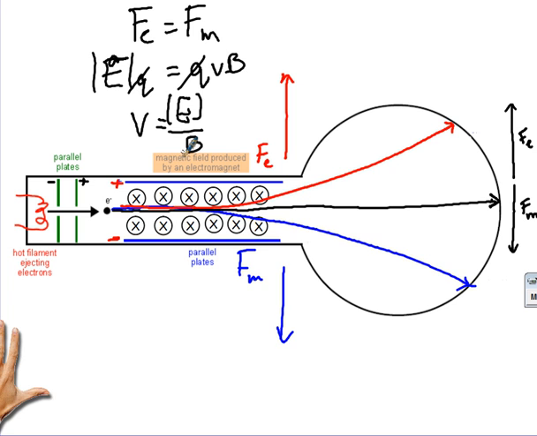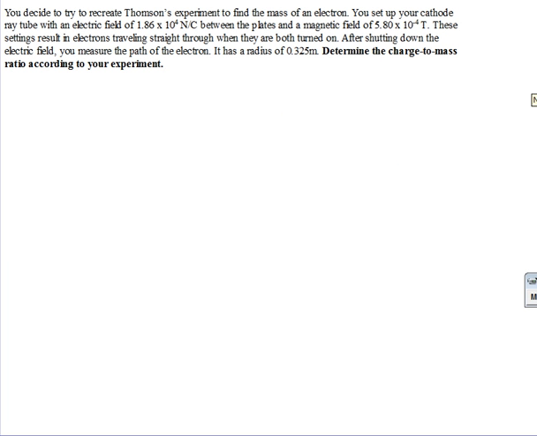And if we skip ahead to the next slide here, we have a question where we're recreating Thomson's experiment. We set up our cathode ray tube with an electric field and a magnetic field. And when we do that, those electrons travel through undeflected. So I have my electric force equal but opposite to my magnetic force.